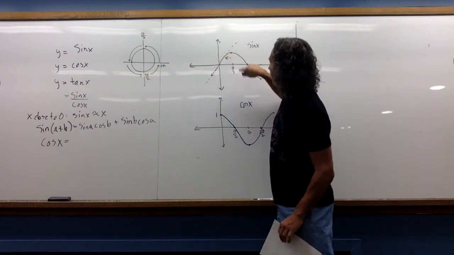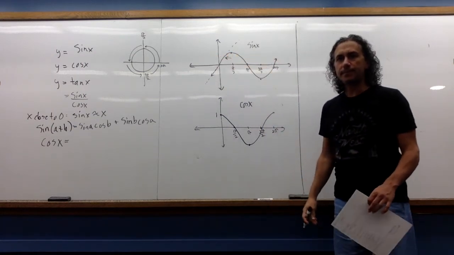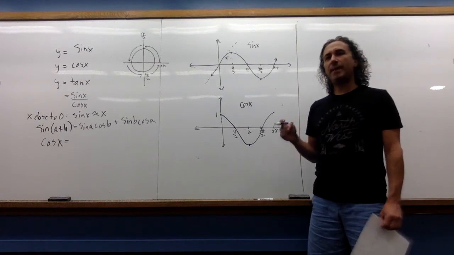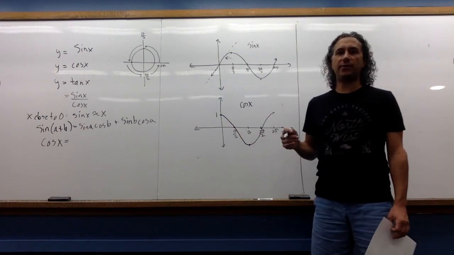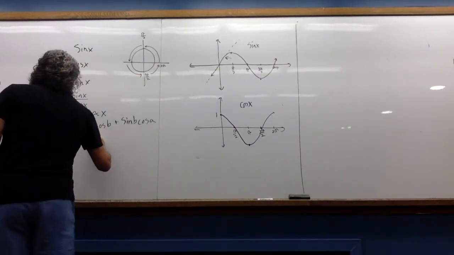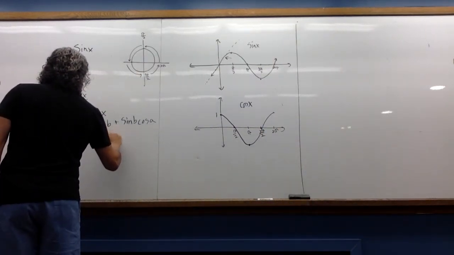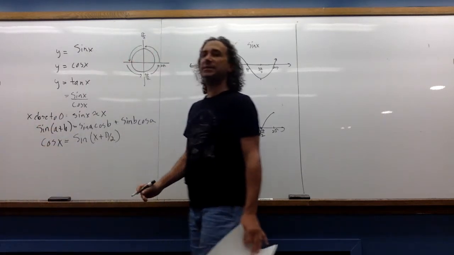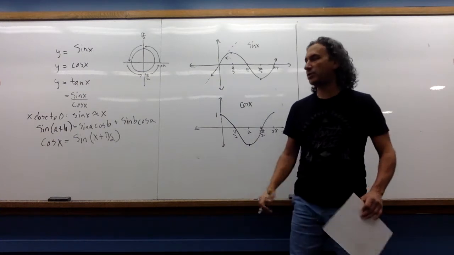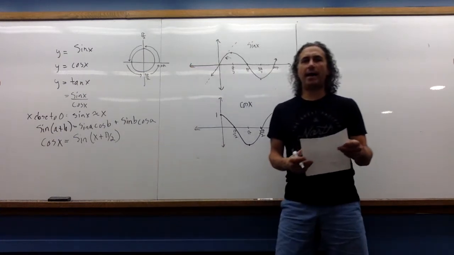Right? You just move that over by pi over 2. So in other words, if I move the sine graph by pi over 2 to the left, I'll get the cosine graph. Well, if that's the case, then from pre-calc again, our knowledge of transformations, cosine of x should be sine of x plus pi over 2.